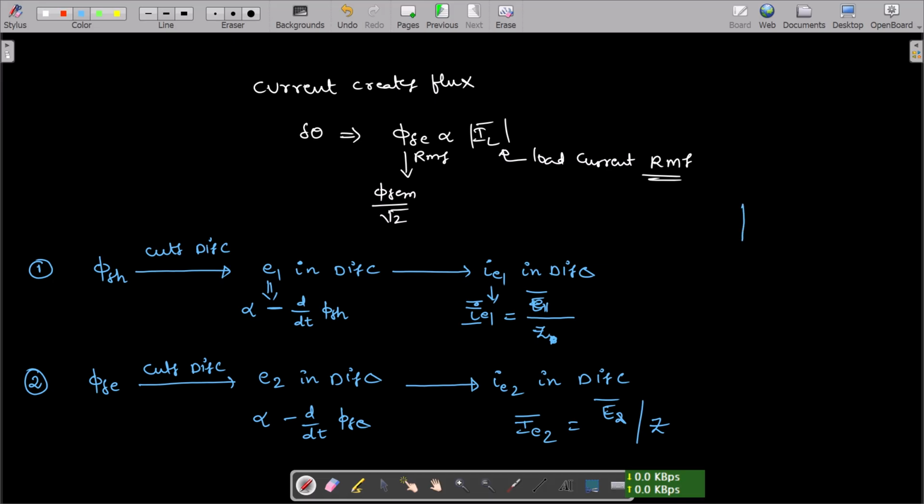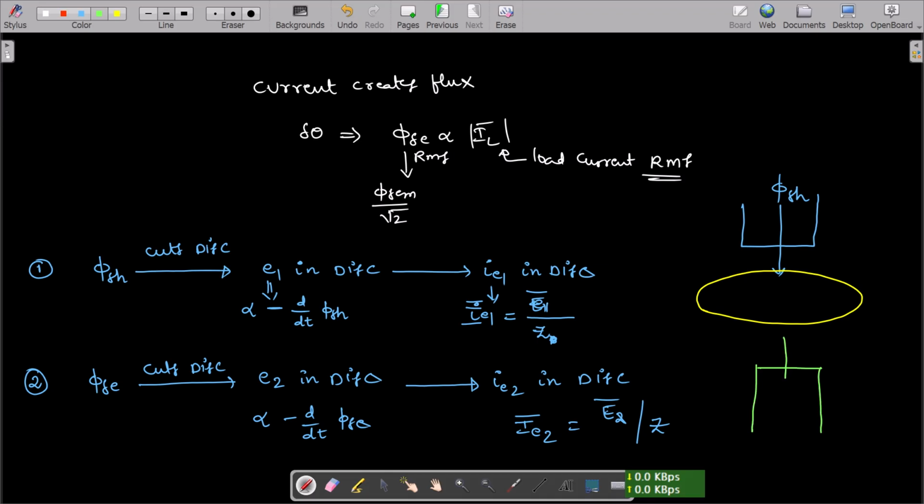That is how it is looking. This is the shunt magnet, and it is going to produce a flux phi SH, and we are going to have an aluminum disc like this. We are having a series magnet here, and this is going to produce a flux phi SC.